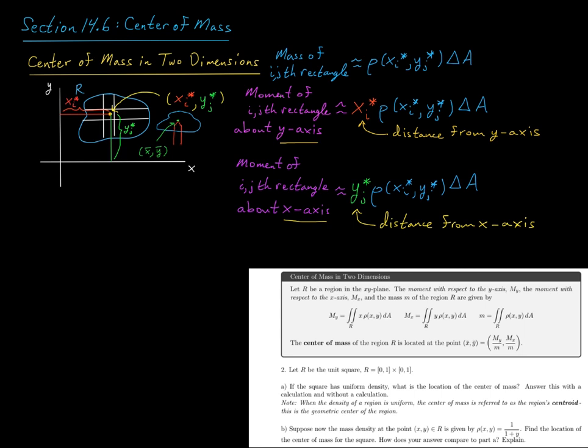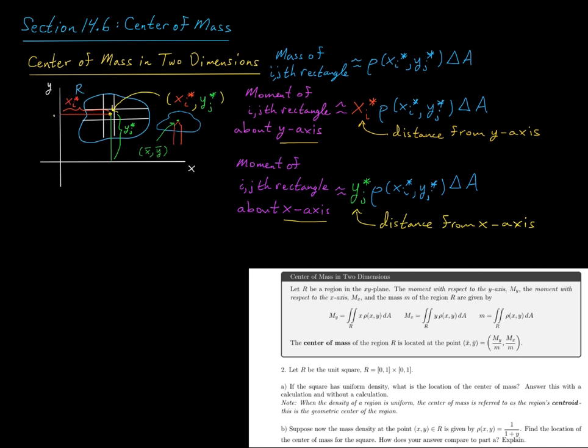Then we can go ahead and compute what we'll call the moment of this rectangle about the y-axis. And so to do that, what are we going to do? Well, we're going to take the mass of the rectangle, which is just rho times delta A. And then we want to multiply the mass by the distance of this rectangle to the y-axis.